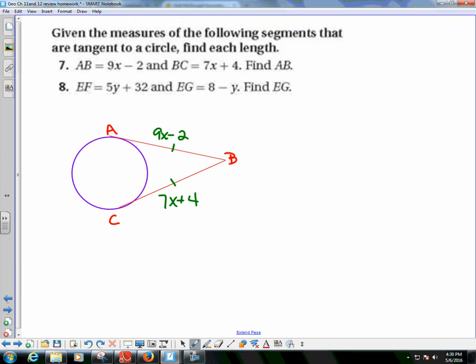Those two things are congruent, so I will set them equal to each other. 9x minus 2 equals 7x plus 4. As always, I'm going to identify where I have the most x's and move everything to that side. So I'm going to subtract 7x from both sides. I have 2x minus 2 equals 4. Add 2. 2x equals 6.